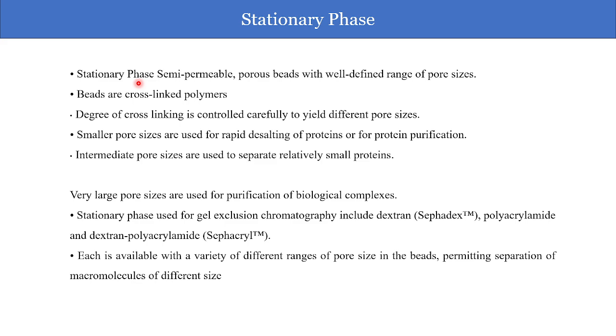The degree of cross-linking is controlled such that you have different sizes of pores, or the column bed is made of a variety of pores for better resolution and a longer resolution range for higher molecular weight proteins. Smaller pore sizes are used for rapid desalting of proteins or for protein purification, whereas the intermediate pores are used to separate relatively small proteins.